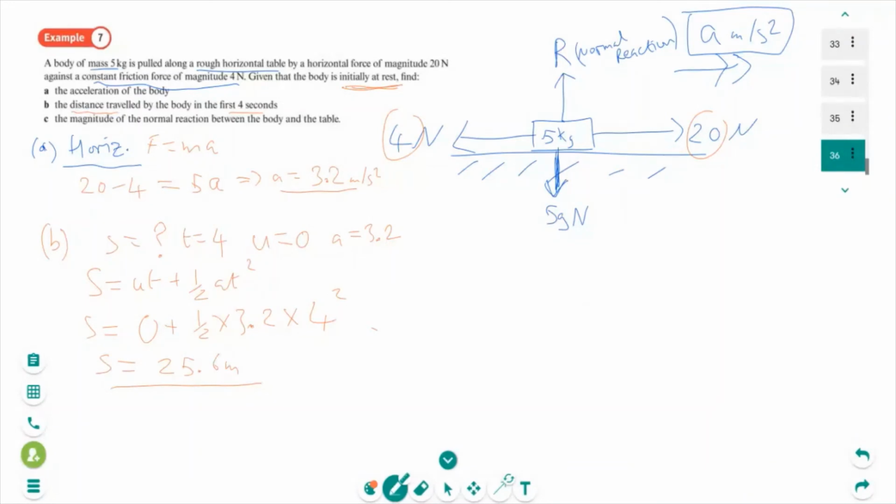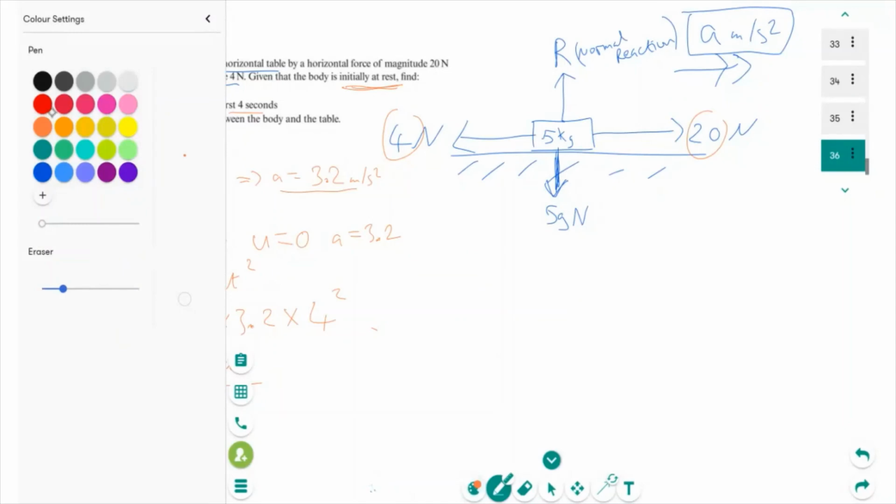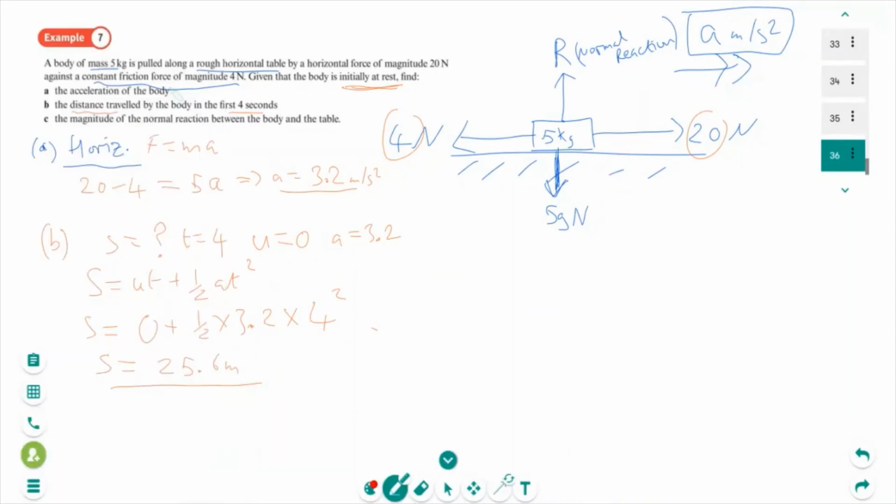Last part, part C, the magnitude of the normal reaction. So you want to find out what R is. Okay, so you need to do F equals ma again, but you do it on the vertical.